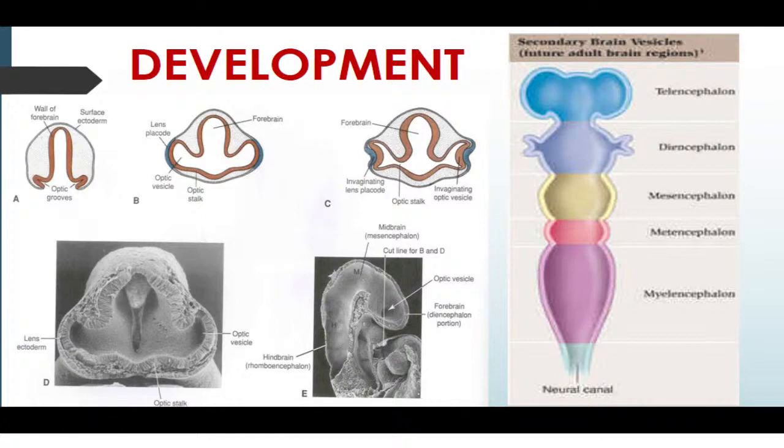From the three brain vesicles, hindbrain, midbrain, and forebrain, we have five vesicles: myelencephalon, metencephalon, mesencephalon, diencephalon, and telencephalon.